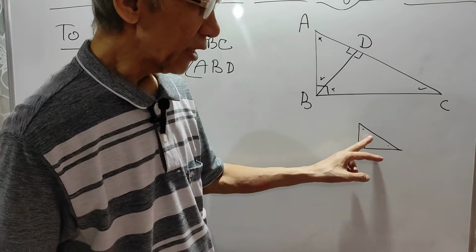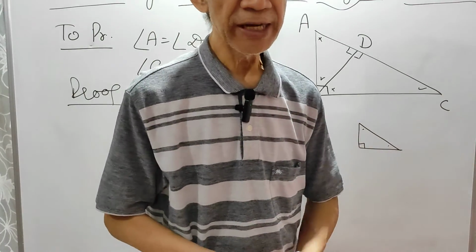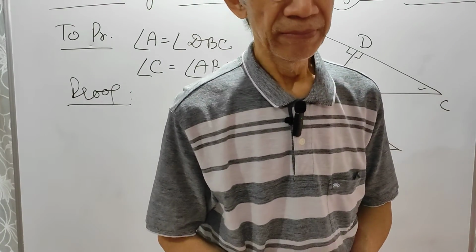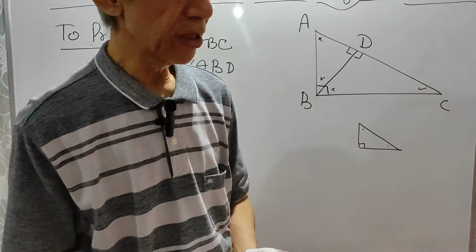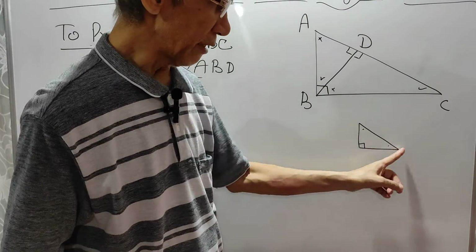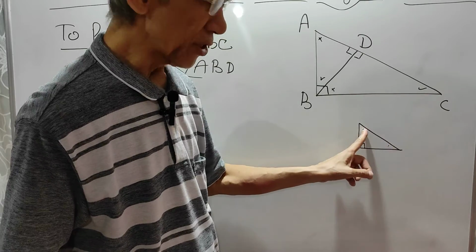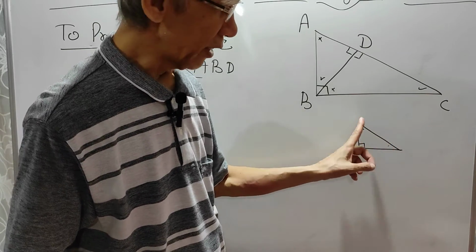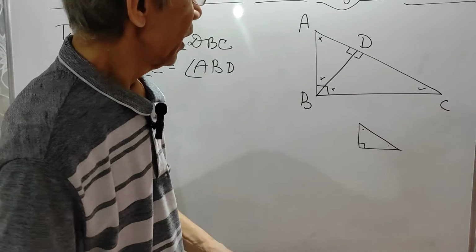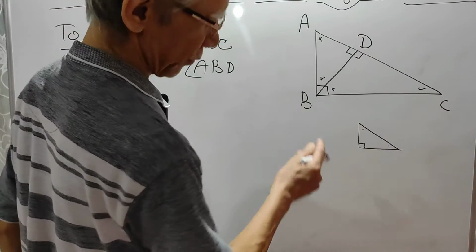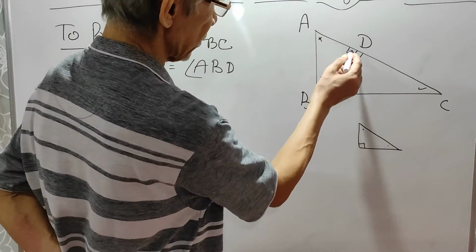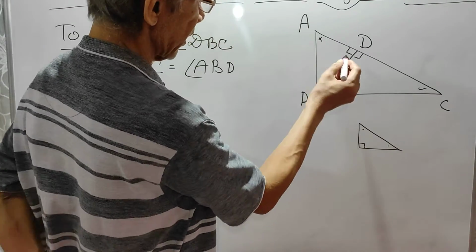That means the sum of the acute angles of a right angle triangle is 90 degrees. That is another derivation from the theorem.